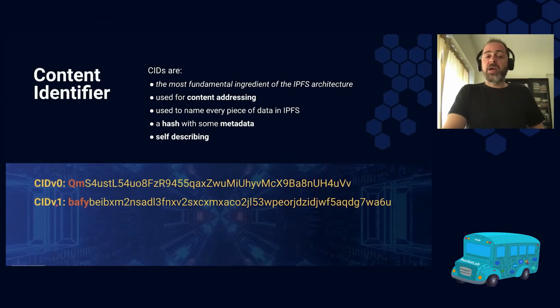The CID version 1 here starts with B, and we're going to see why this gives us more information about how to process this CID. In that sense, content identifiers in IPFS are self-describing. They include information that helps us process them.